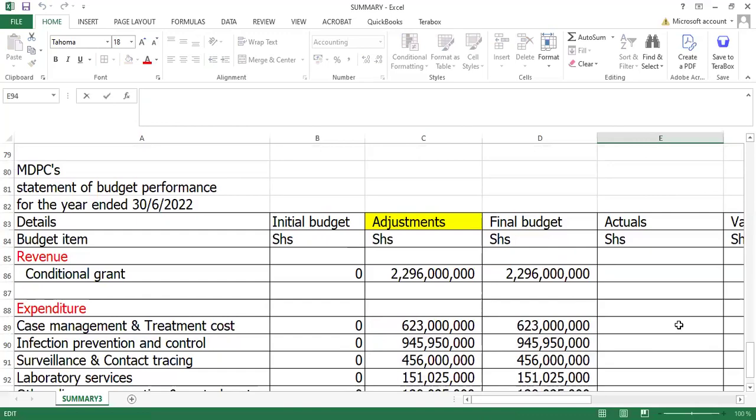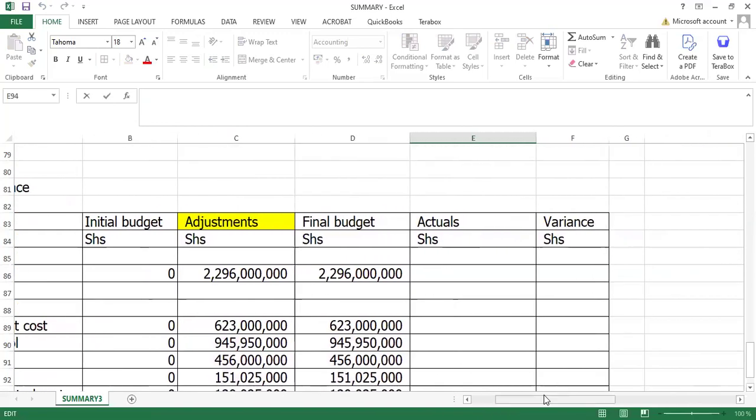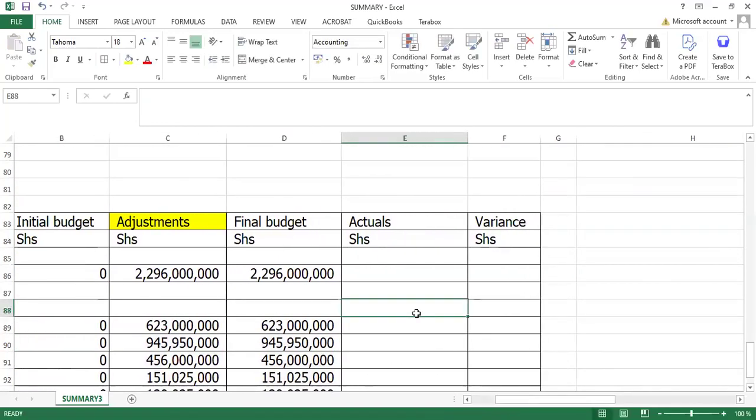What about the actuals? What are you going to do with the actuals? How much did we actually spend? How much did we, okay, sorry, how much did we actually realize in terms of the revenue? How much did we manage out of the revenue?